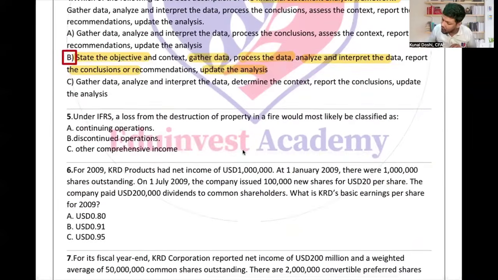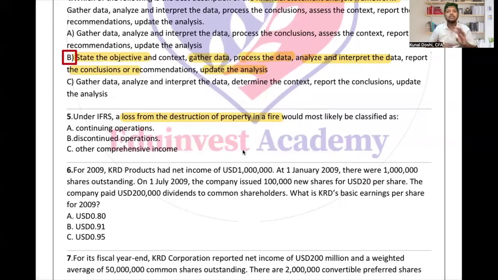Under IFRS, a loss from destruction of property in a fire would most likely be classified as, guys, here IFRS or US GAAP is not an important thing, but would the loss from destruction of property be classified as continuing, discontinued, or OCI? Yes, everyone. Continuing operation, everyone.